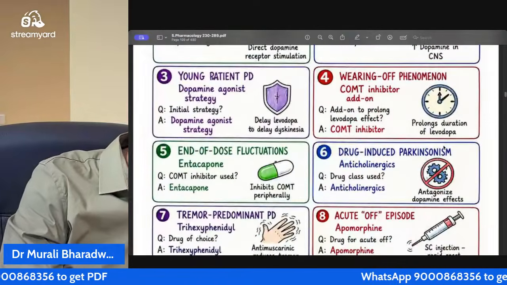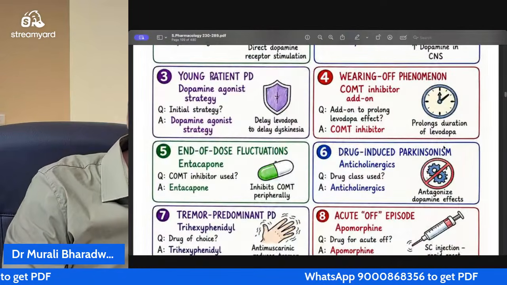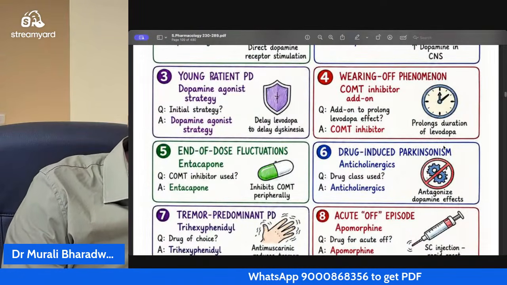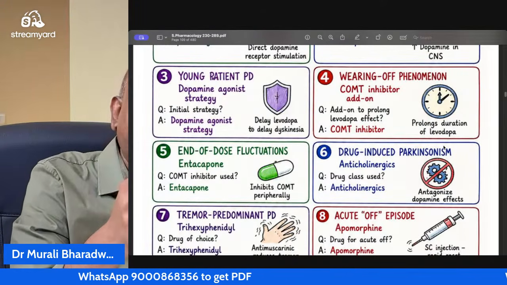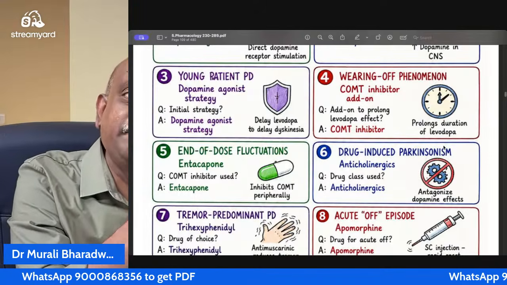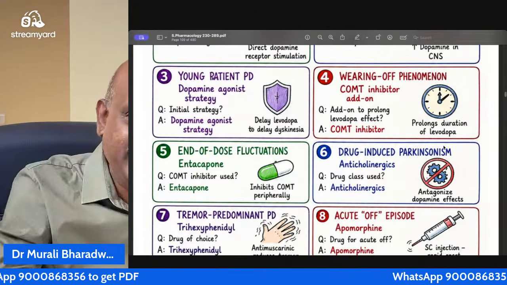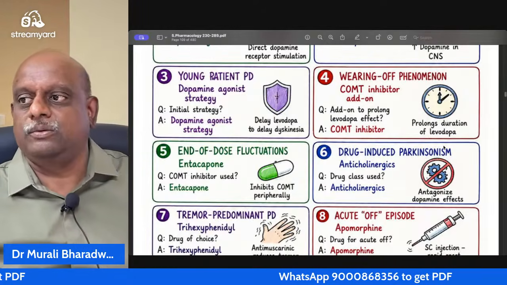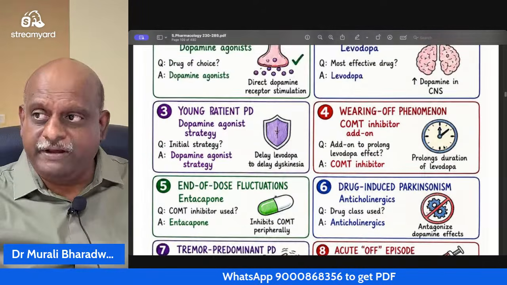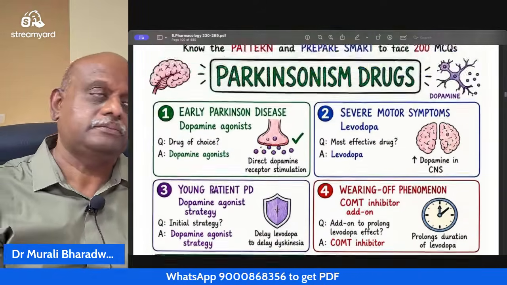See, way back in USMLE preparation days, I don't know still that book is there or not. There used to be a book called Microbiology Ridiculously Simple. Ridiculously Simple is one series. It also used to be like picnomic.